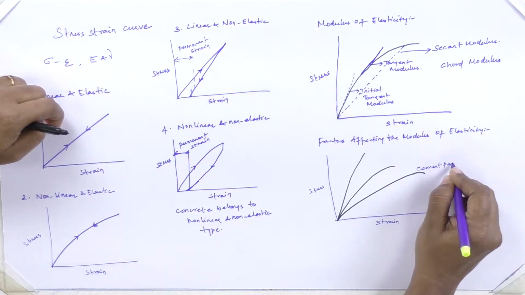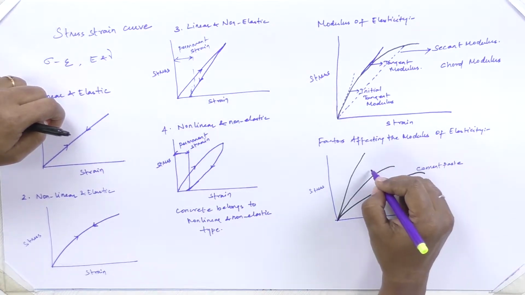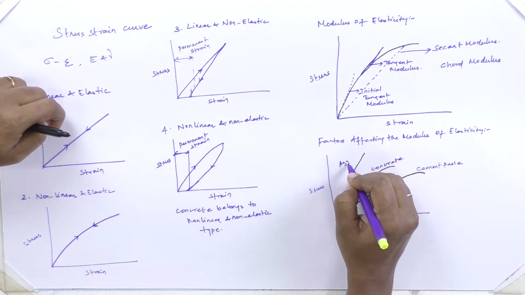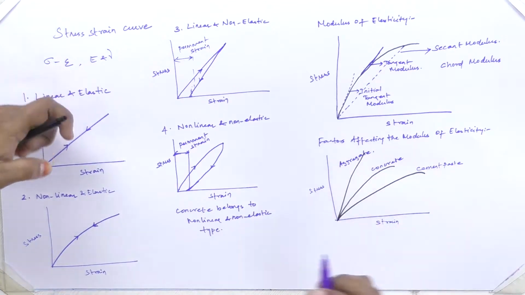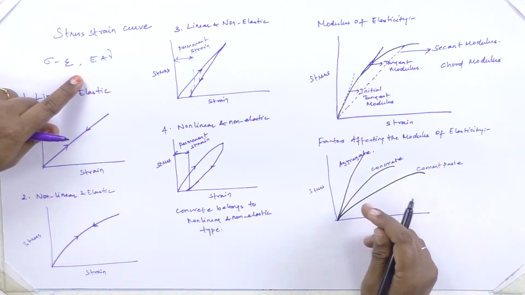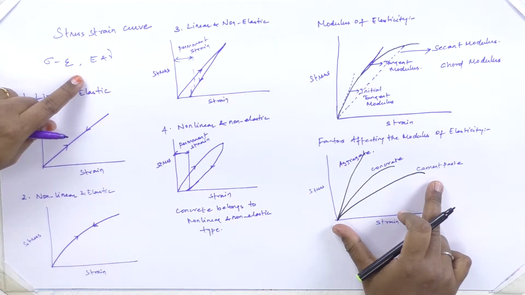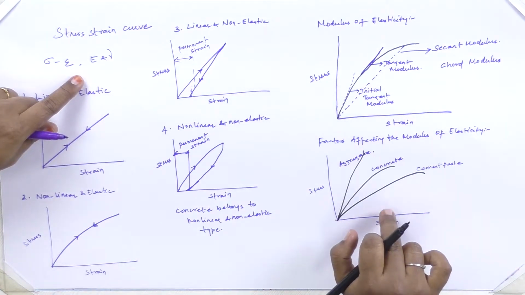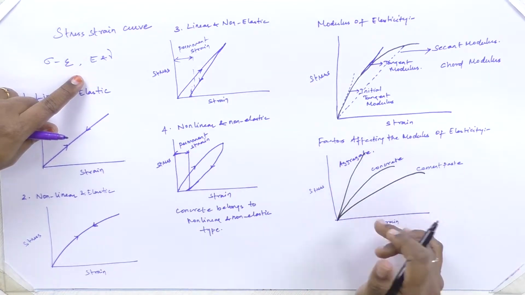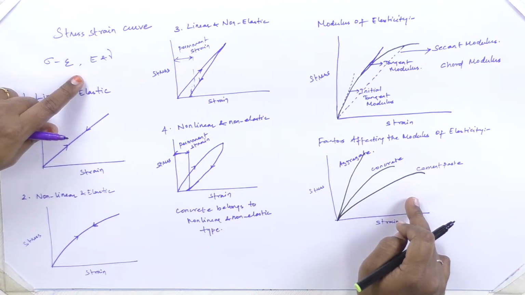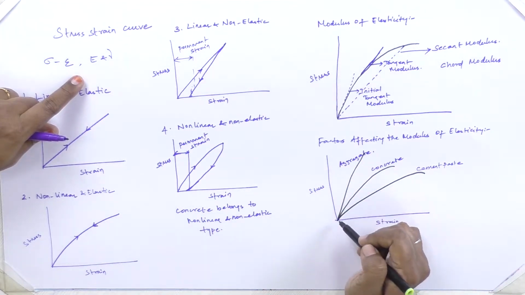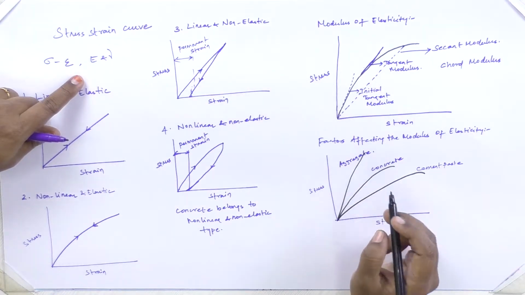This is the cement paste stress strain graph, and this denotes the concrete, and this is for aggregate. The stress strain curve for cement paste is low when compared to that of the aggregate, and aggregate is the one having higher stress strain value.